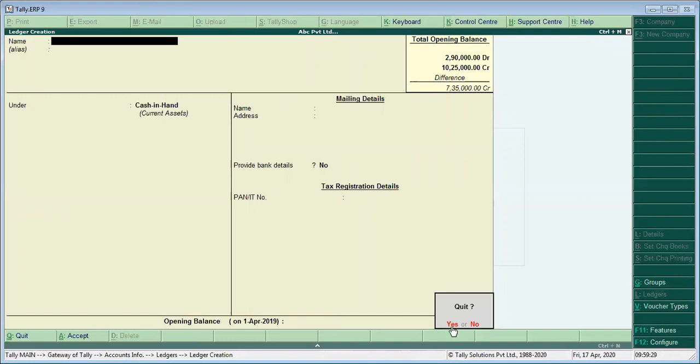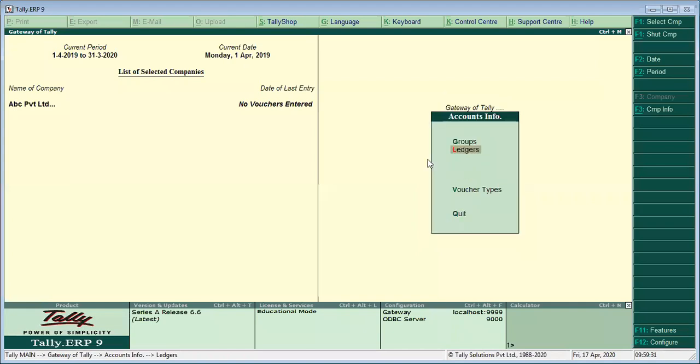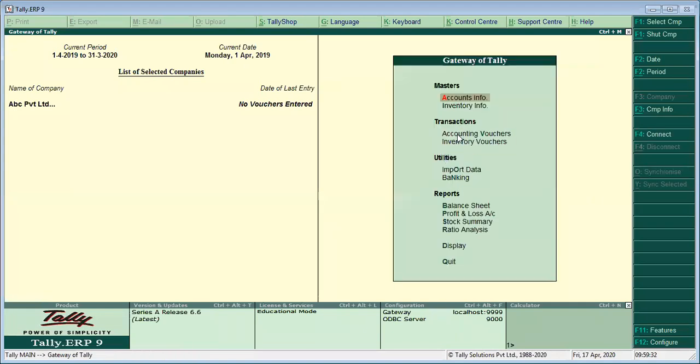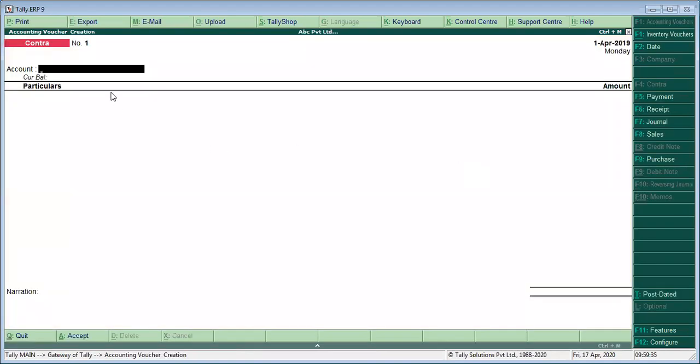Now just go for the voucher entry, accounting voucher. So you were moving on with the contra. So what was the transaction? Illustration 1 that we were discussing. It was relating to deposit of cash of rupees 25,000 to State Bank of India.